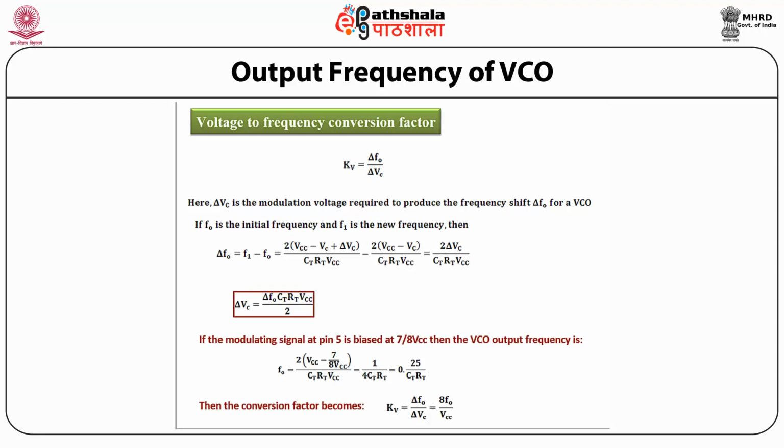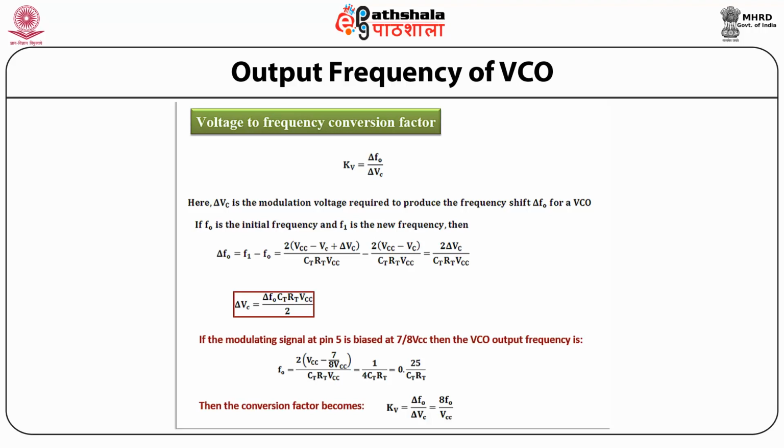So if F0 is the initial frequency and F1 is the new frequency, then delta F0 is F1 minus F0, which is equal to 2 multiplied by (VCC minus VC plus delta VC) divided by CT RT VCC, minus 2 (VCC minus VC) divided by CT RT VCC.